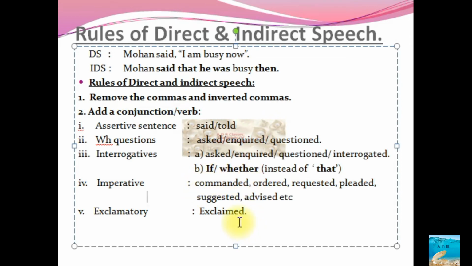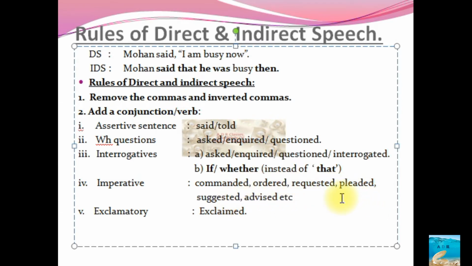So wherever there is an imperative sentence, based on the mood of the speaker, we are supposed to use the conjunctions or the verbs here. Suppose the person has commanded. Who commands? The commander in the army commands. Command becomes commanded, order becomes ordered, request becomes requested. As you are noticing, everything comes in the past tense form.